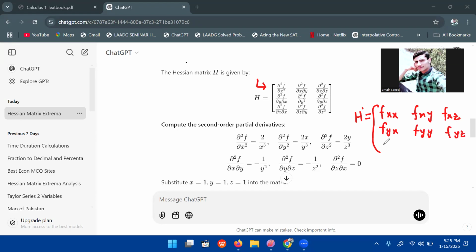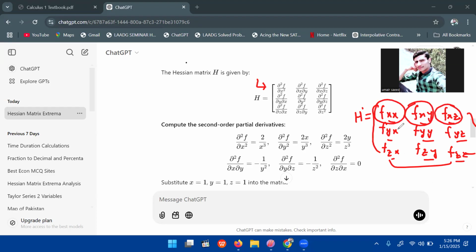In a similar way, we have fzx, fzy, fzz. So we have got this matrix: fxx, fxy, fxz, fyx, fyy, fyz, fzx, fzy, fzz. Now our target is to find these values: fxx, fxy, fxz, fyx, fyy, fyz, fzx, fzy, fzz.